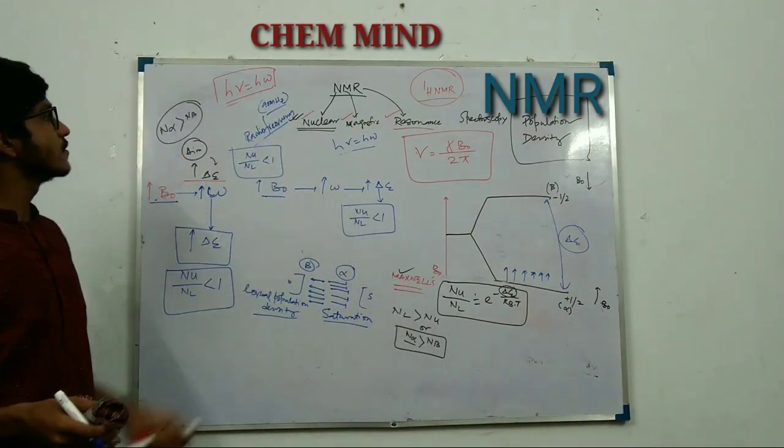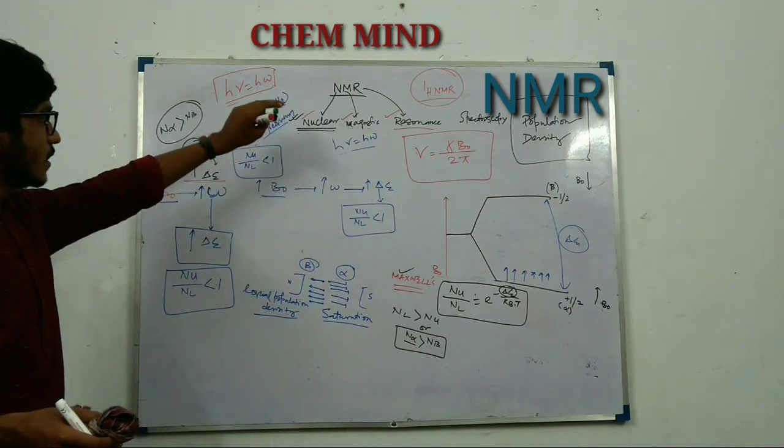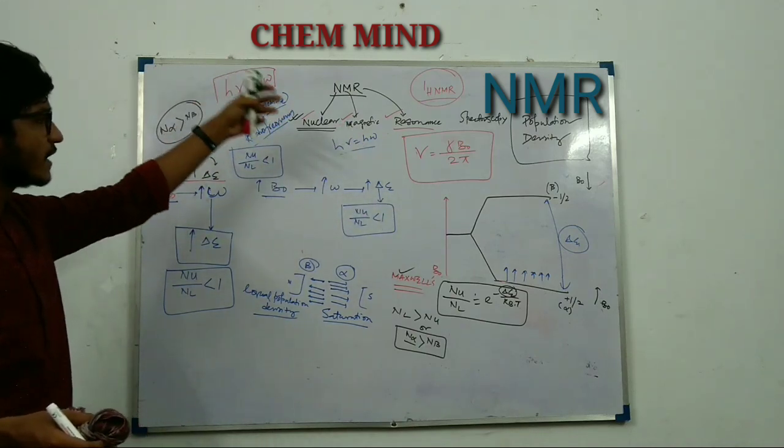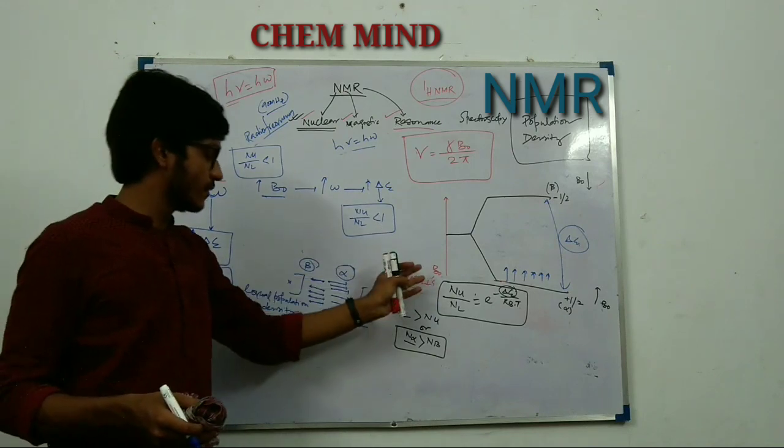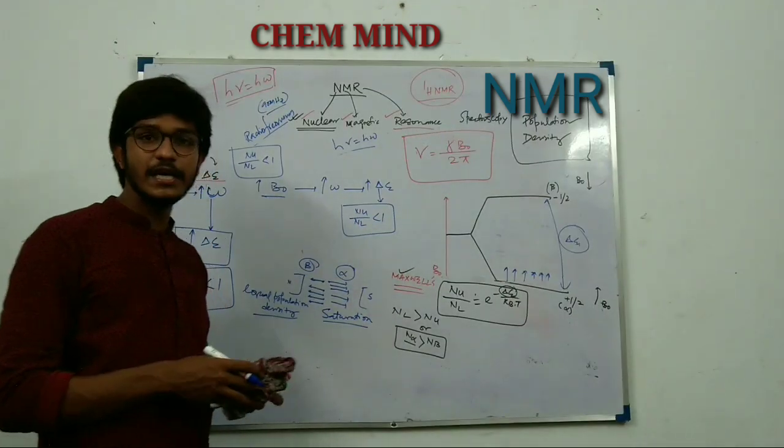So up to this point I have discussed the nuclear portion, the magnetic portion, the Maxwell law, and the application of the Maxwell law to the population density.